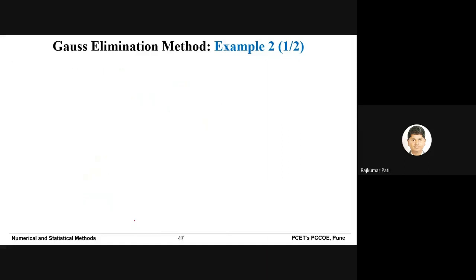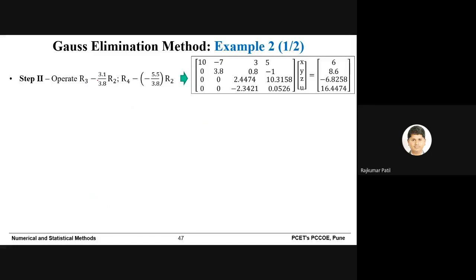So again, you can perform row operations, that is R3 minus 3.1 upon 3.8 into R2, and R4 minus 5.5 upon 3.8 R2. So when you perform this particular row operation, you can make this term as 0. And when you perform this particular operation on row number 3, you can make this particular term as 0.